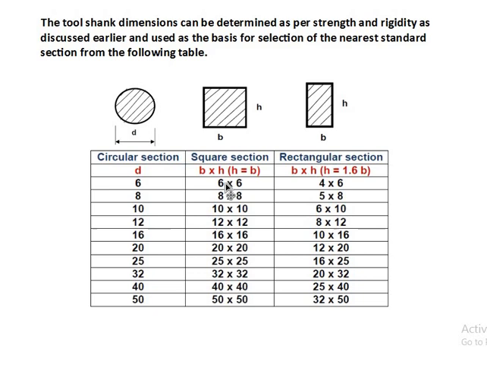Similarly, if it is a square cross section, 6 cross 6 mm, 8 cross 8 mm up to 50 cross 50 mm. If it is a rectangular section, as I already told, the relationship between B and H is H equal to 1.6 B, considered for roughing tools. Hence, the standard tool shank dimensions are 4 cross 6 mm, 5 cross 8 mm, 6 cross 10 mm up to 32 cross 50 mm.